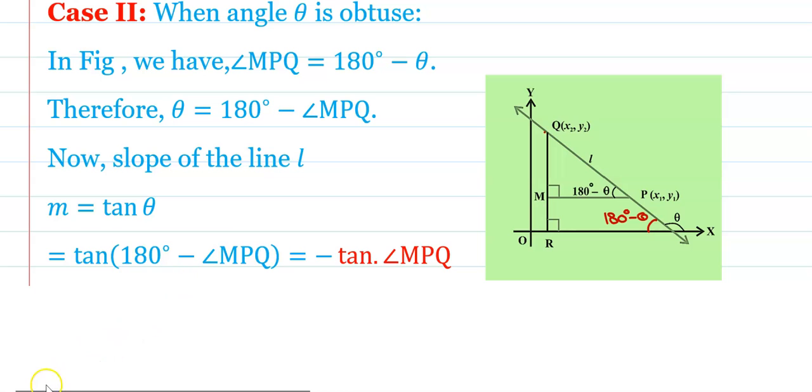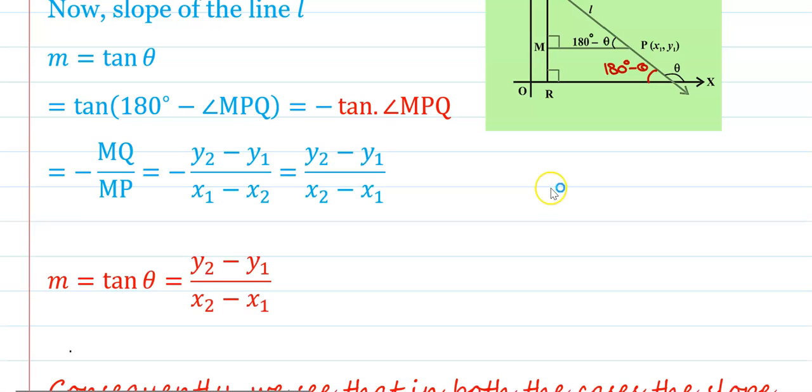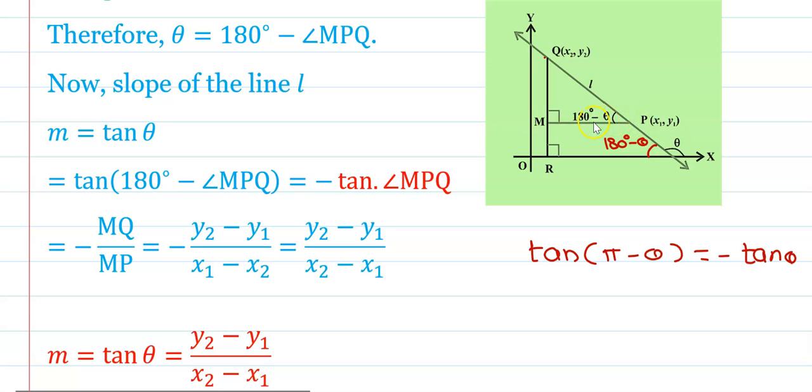Now, using trigonometry, we know that tan of pi minus theta equals minus tan theta. Therefore it is minus tan of MPQ. But again, from this triangle, tan of MPQ is opposite side upon adjacent side, MQ upon MP.